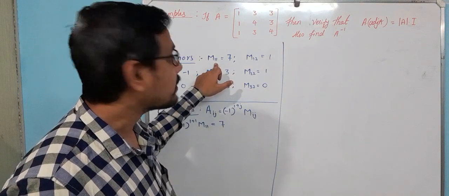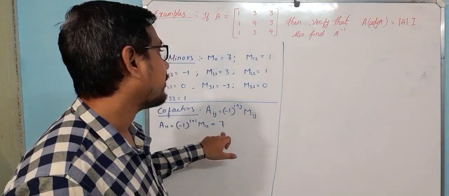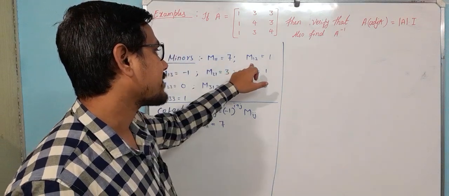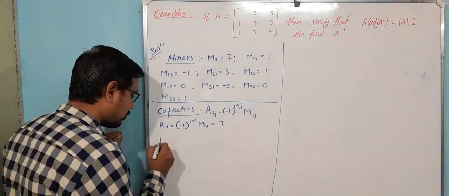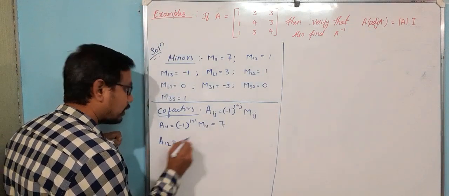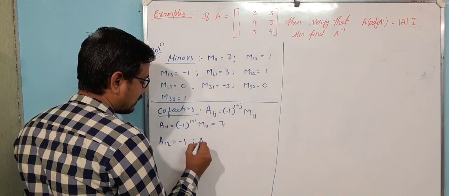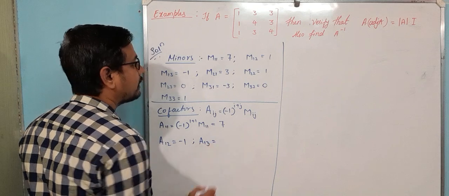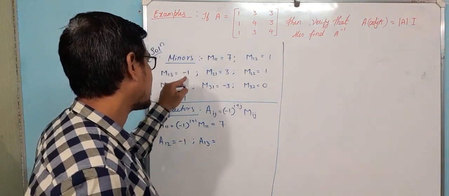If i plus j is even, Aij is equal to Mij. If i plus j is odd, for example A12, it will be the negative of this, minus 1. A13: 1 plus 3 is 4, which is even, so as it is.